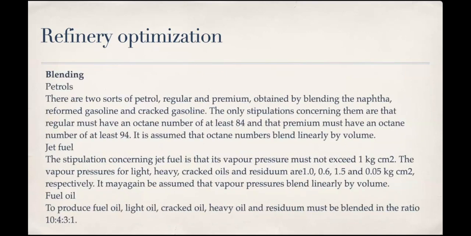Okay, so we have the distillation column, right? The distillation process separates the crude oil into naphthas, oils, and residuum. And we have the reformer, right? The reforming process takes any naphthas and turns them into reformed gasoline.